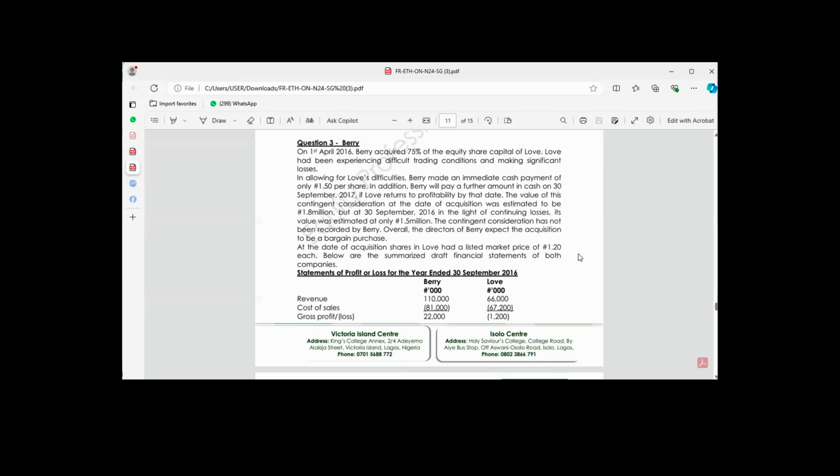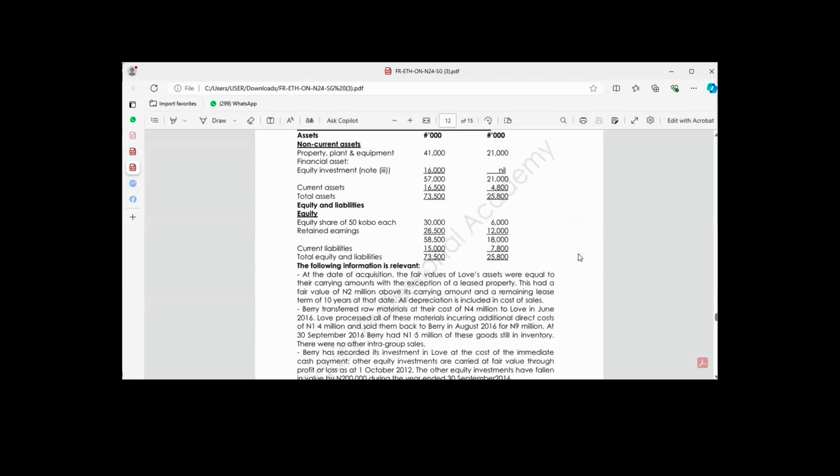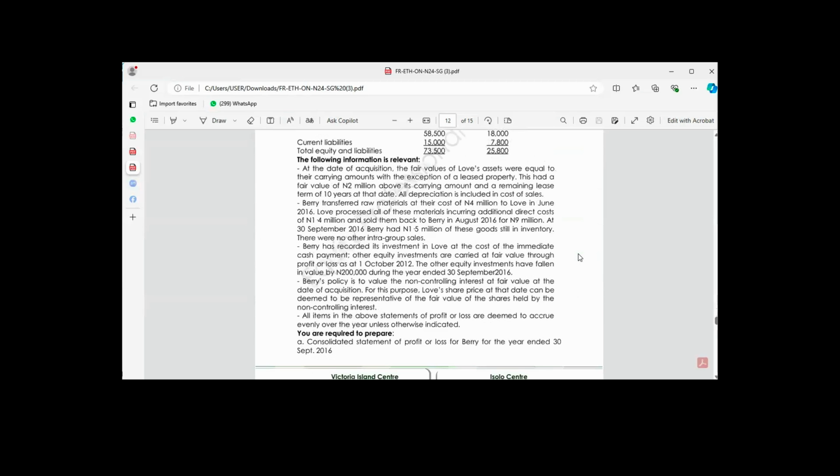I will now go to the question and say, what is the group policy? Berry's policy is to value non-controlling interest at fair value at the date of acquisition. For this purpose, Love's share price at the date can be deemed to be representative of the fair value of the shares held by the NCI. This is the market price per share of the subsidiary.